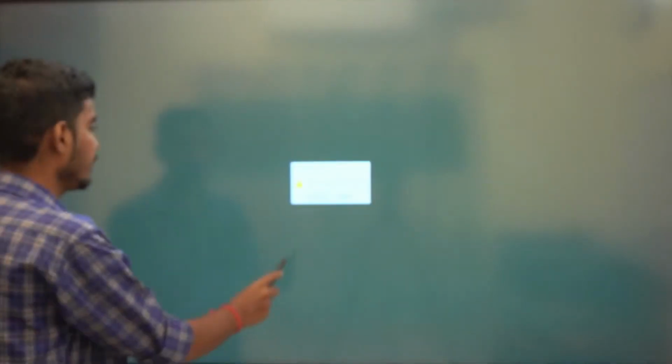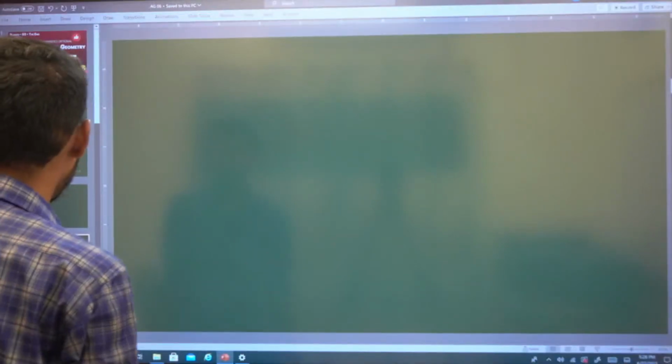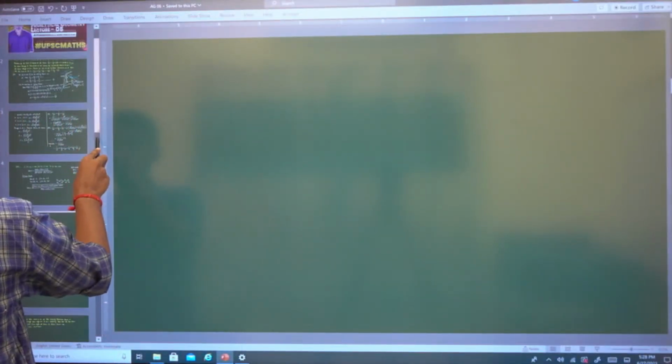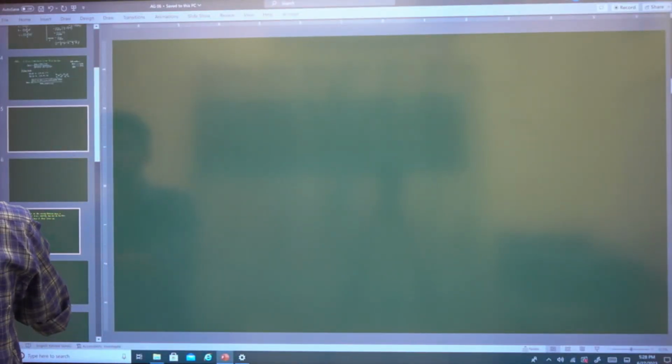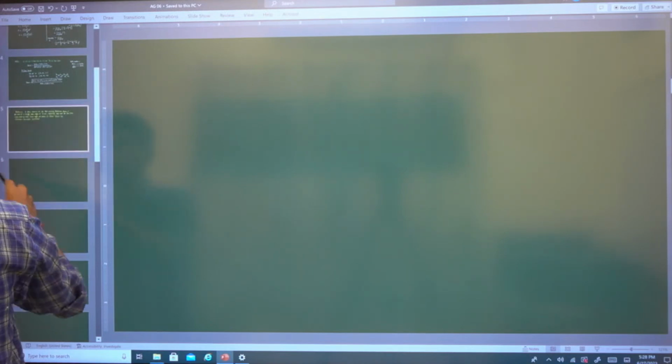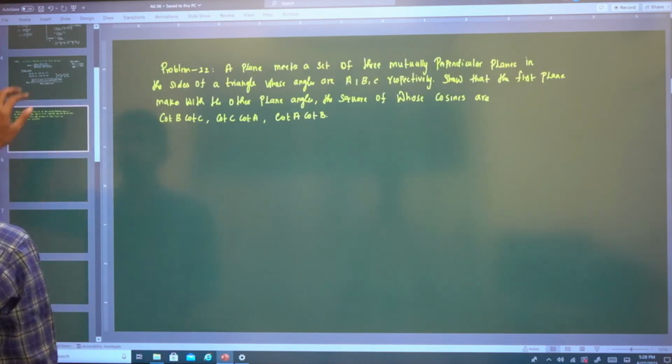Okay. Now we're going to move on to a very interesting problem. This question hasn't been asked in any IAS or IFoS, but we can expect this question. This is problem number 23.